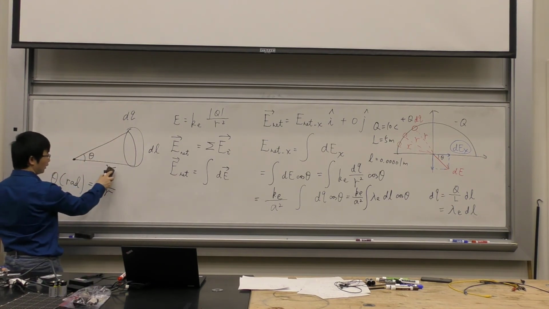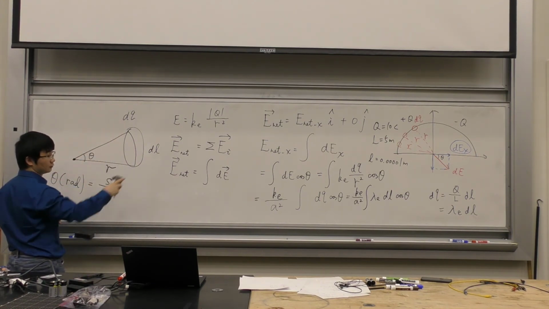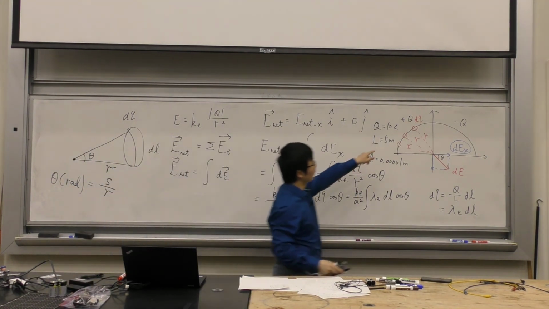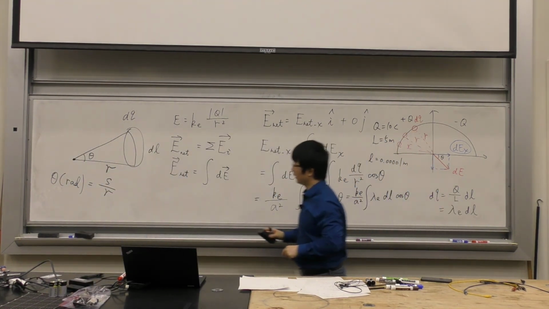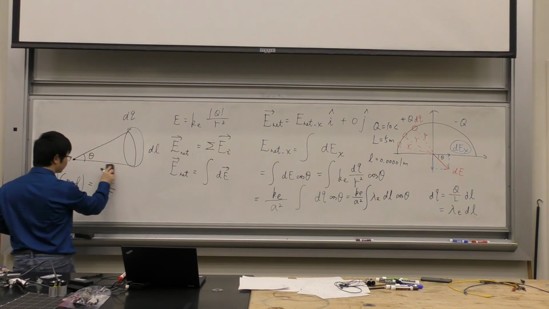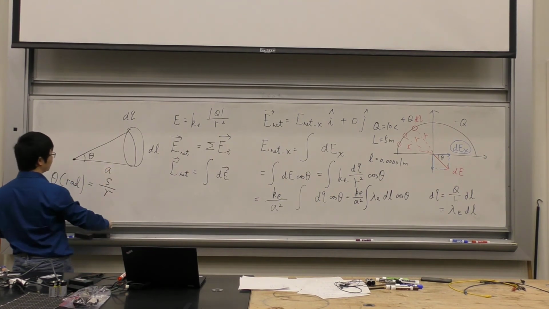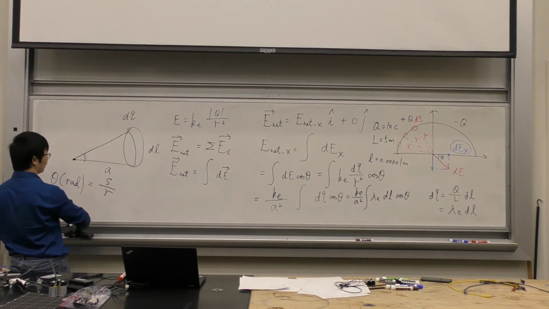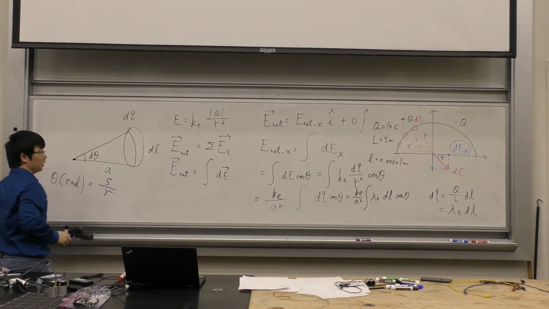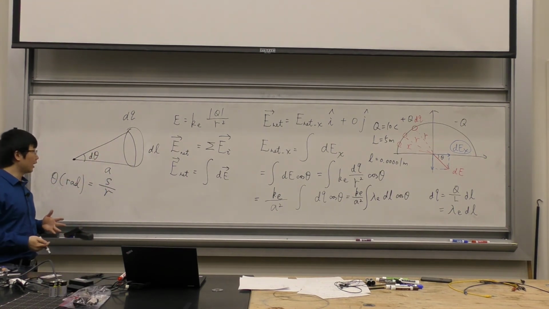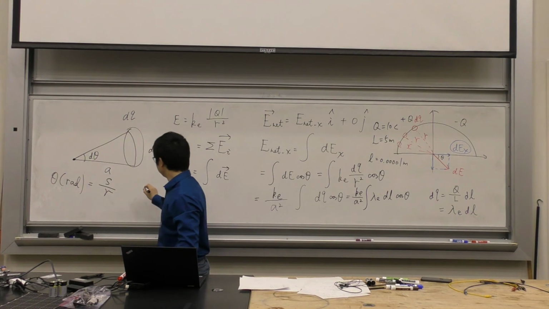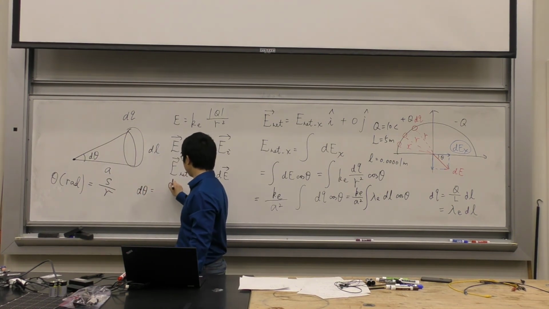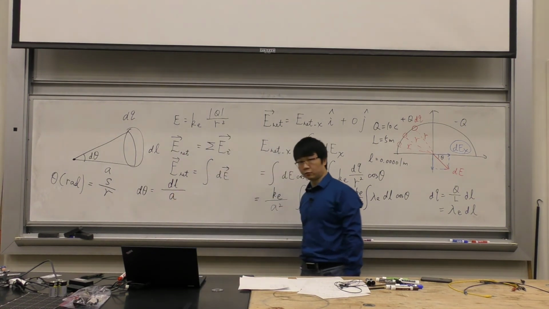This R is just the radius of this semicircle, which is a. Now this theta angle I'm going to call d theta, because it is an infinitely small angle. So d theta in radians is equal to dl over a. Why do I do that?